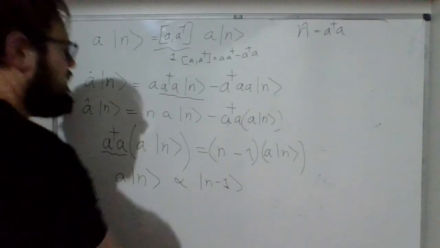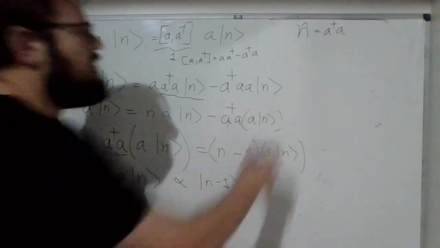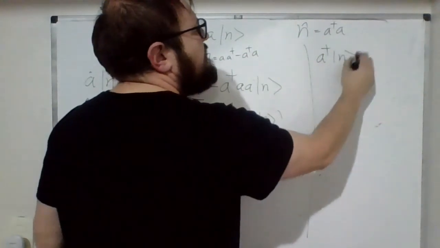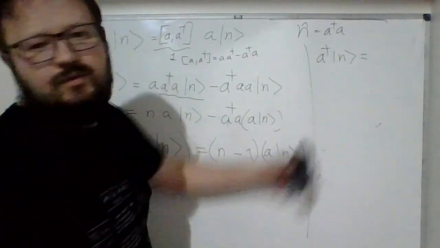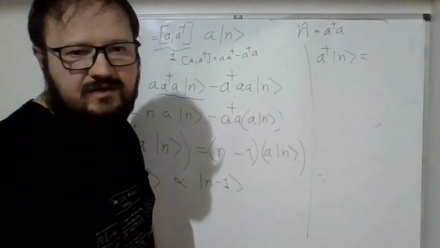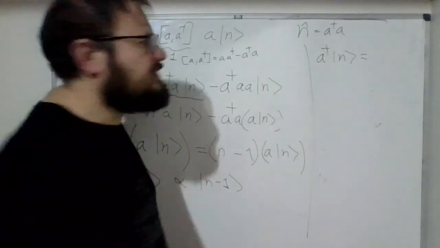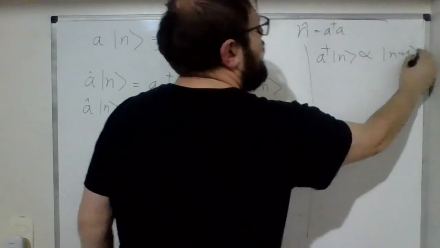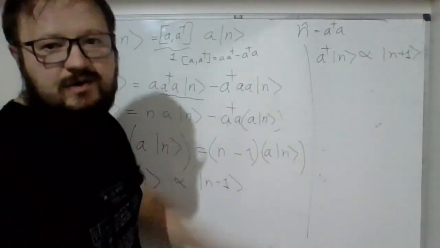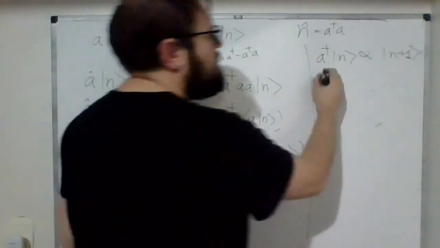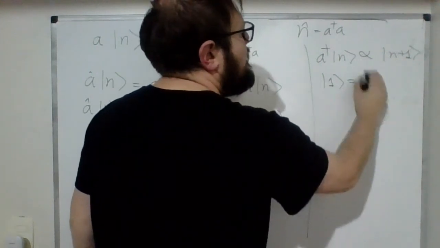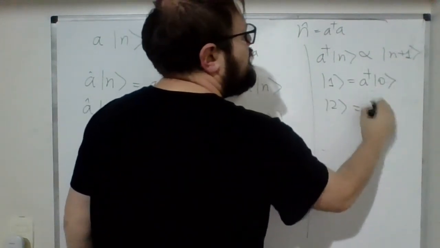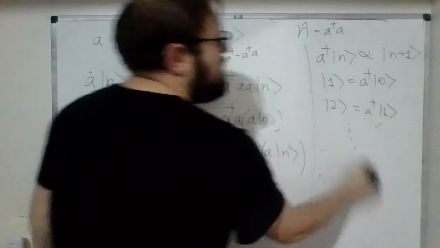And you can also perform this for the A dagger, but the A dagger operating on n, we already know what it is because of the form these things are constructed. We already know it is proportional to some state with one level more, because what we are constructing is the state 1 as the application to a zero state, the state 2 as application to state 1, and all that.